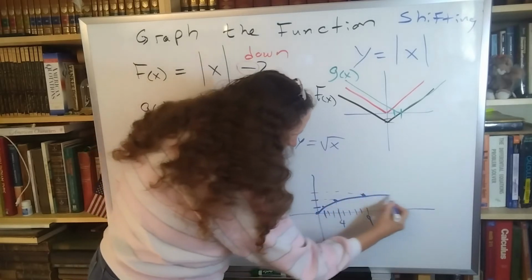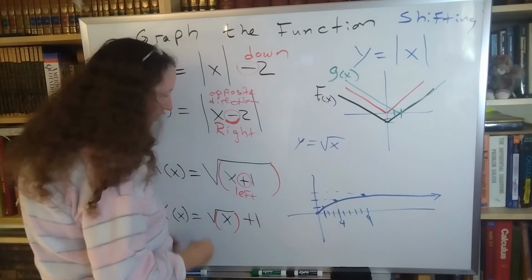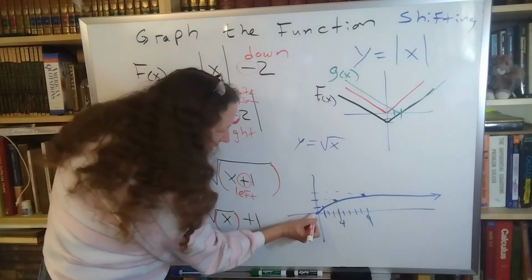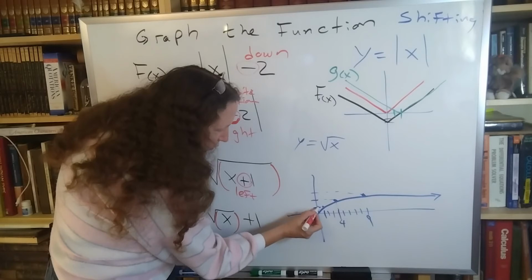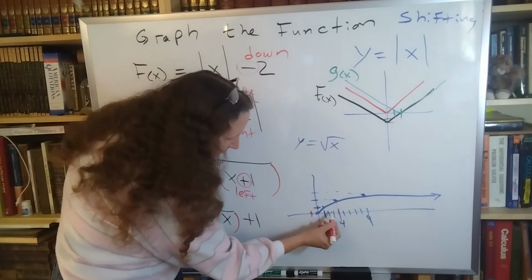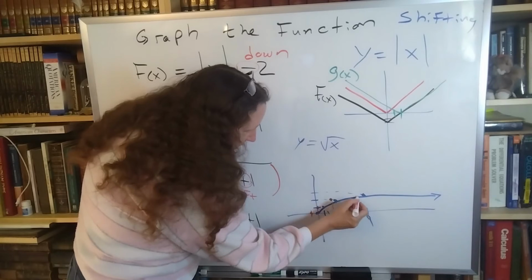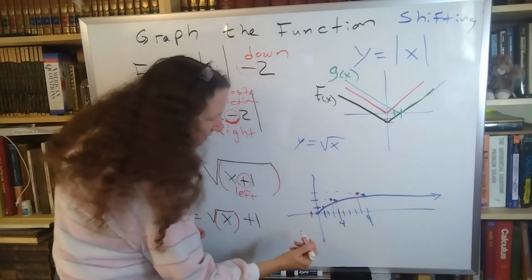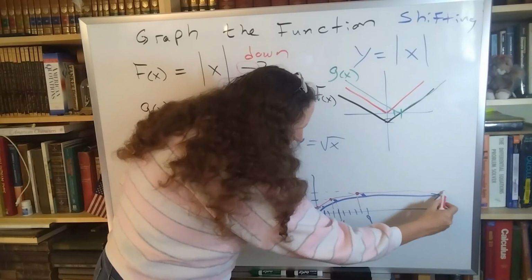And you have your graph going up and over. You're shifting it left 1 space. So there's 1 space there. There's 1 space there. Left 1 space there. Left 1 space there. So it goes up and over.